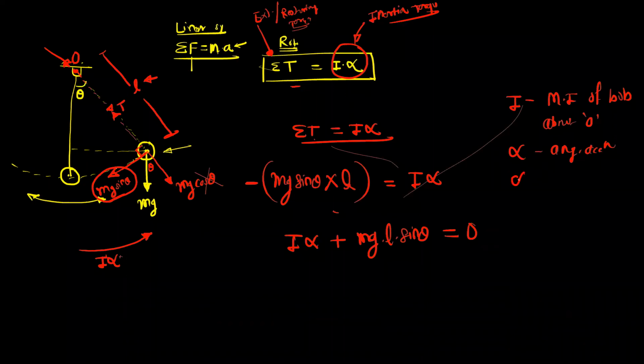Okay. So alpha is written as theta double dot. Okay. So this is the representation of the acceleration in the vibration, theta double dot. So just write this I into theta double dot plus mgL into sin theta. This is equal to 0.